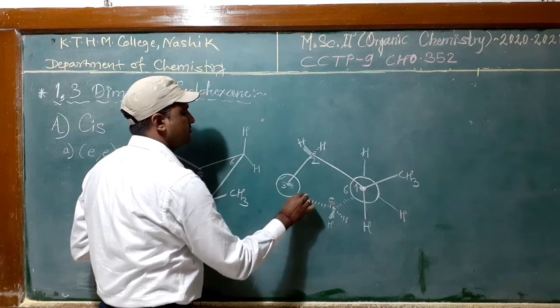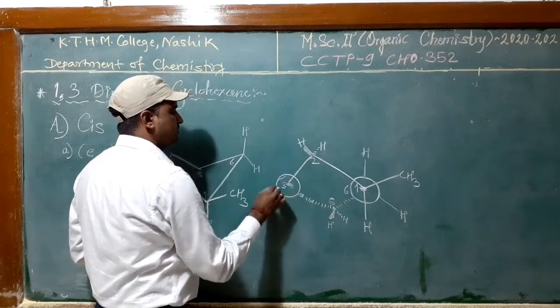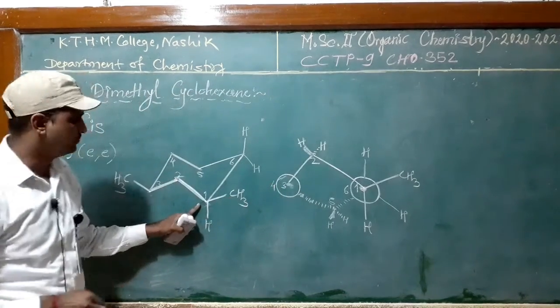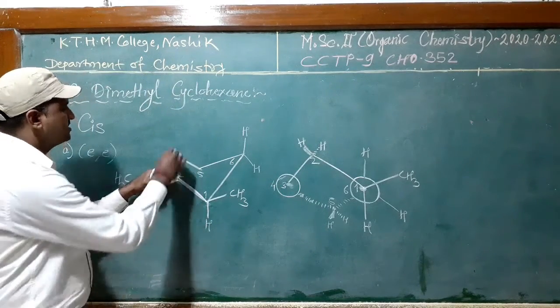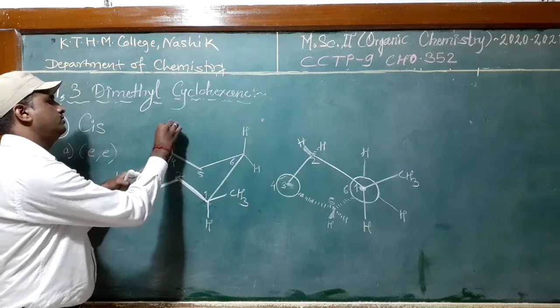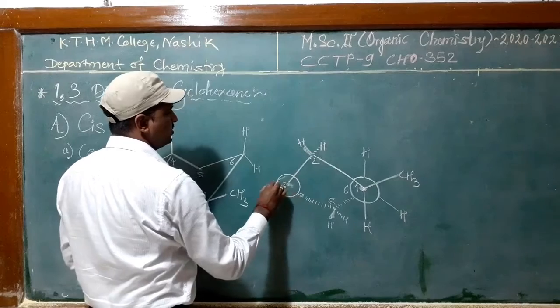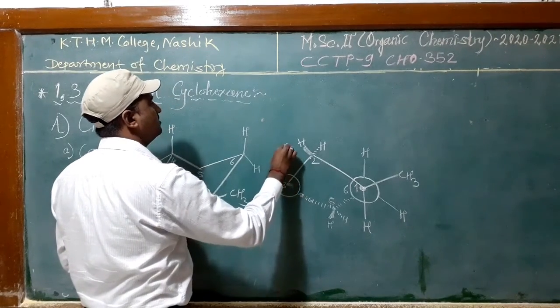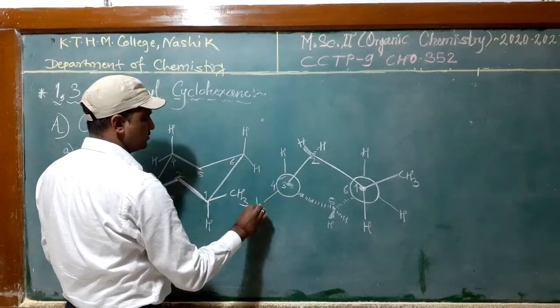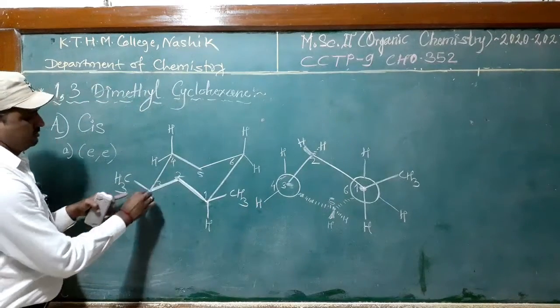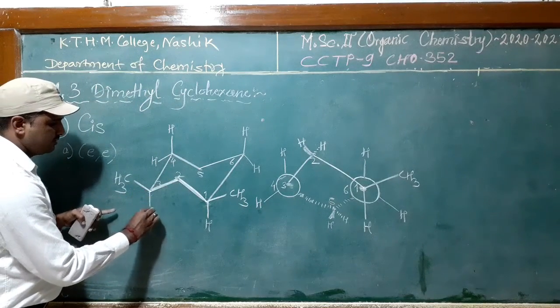which is the backside carbon of carbon number 3, carbon number 4. This carbon number 4 has axial hydrogen and equatorial hydrogen. Remaining carbon is carbon number 3.